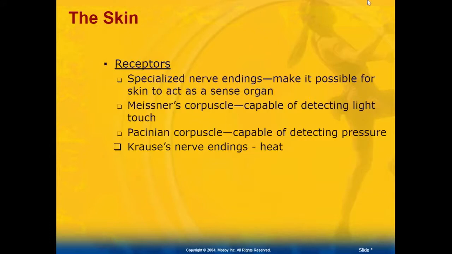So receptors, we mentioned the Meissner's, Pacinian, the free nerve endings, and then there's a bunch of organ senses, receptors in the skin, but these are probably some of the most popular. So Krauss's nerve endings detect heat. When you lay heat on your skin, it's your Krauss's that's going to detect that.